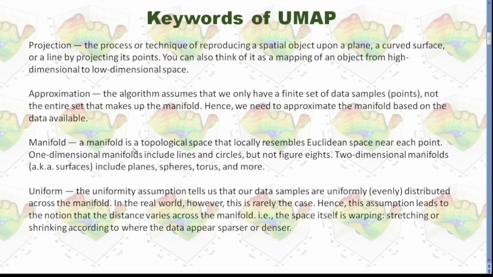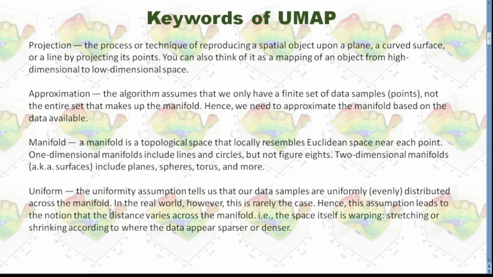A manifold is a topological space that locally resembles Euclidean space near each point. The uniformity assumption tells us that our data samples are uniformly distributed across the manifold.